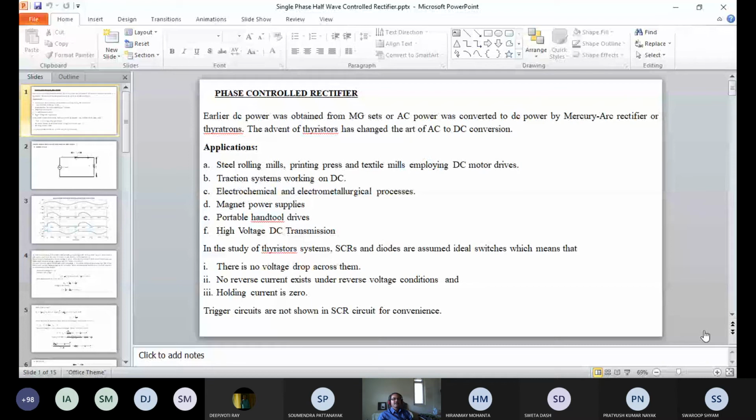RLE load was not there, so I have to prepare the notes for that.